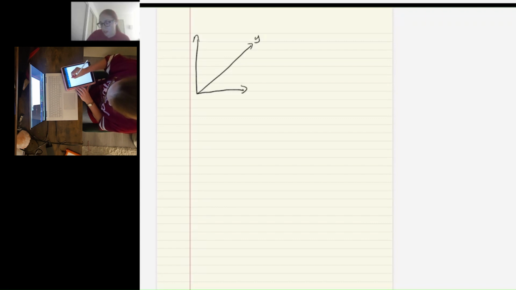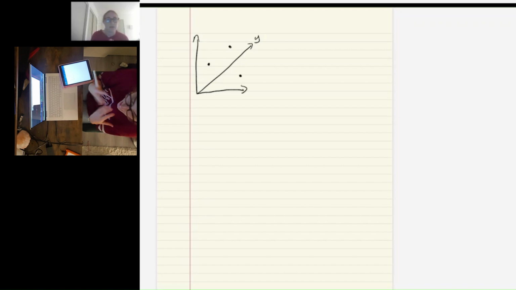So let's say we have data points over here, and over here, and we want to find the best fit model for that. So we can split this up on our x-axis as 1, and then 2.8, and then 3. And then over here, we can have 1, 1.8, and then 2.